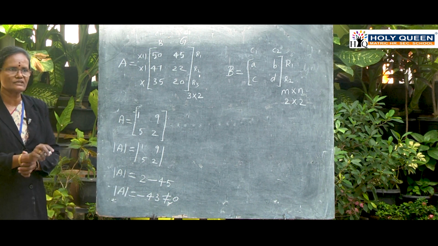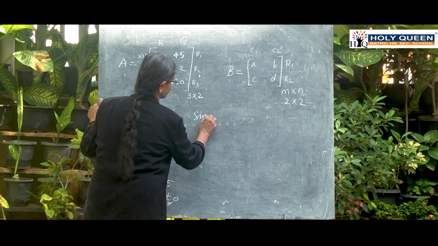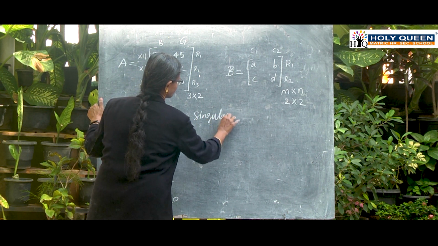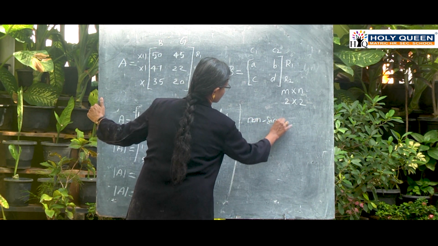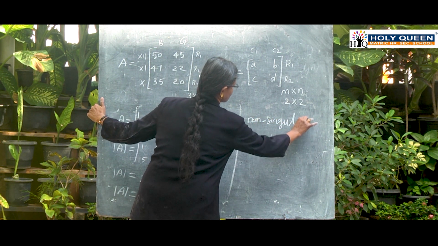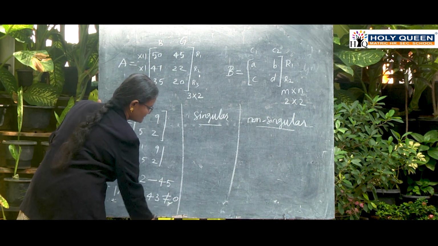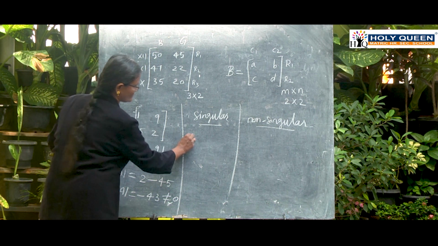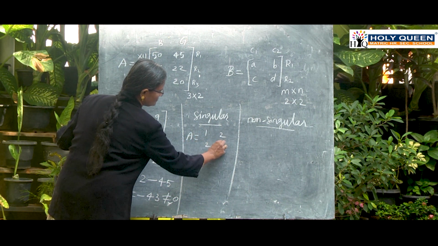Next let us see singular matrix and non-singular matrix. Here consider one matrix A, 1, 2, 2, 4.